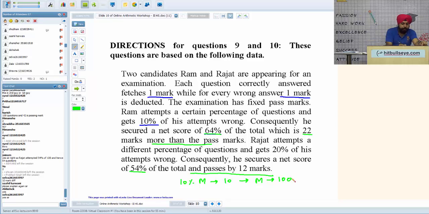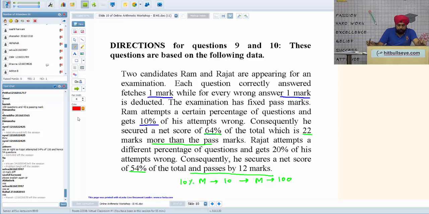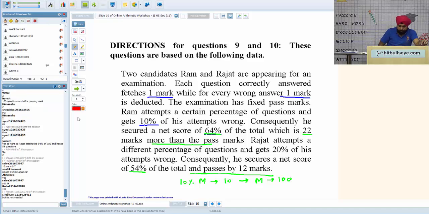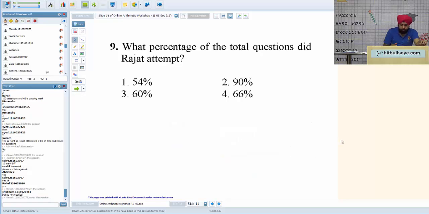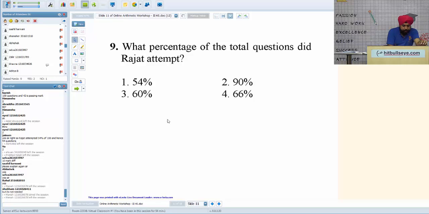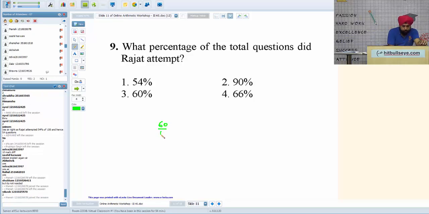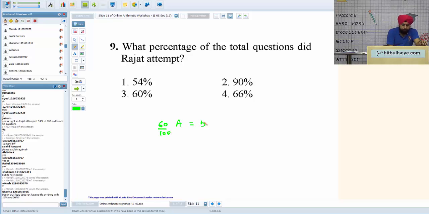Now, as per the other conclusion that I told you to draw, the first person, Ram, would get 80% and he gets 64. Ram we did not find, we need to find Rajat. Rajat gets 60% of his attempts and he gets 54 marks.